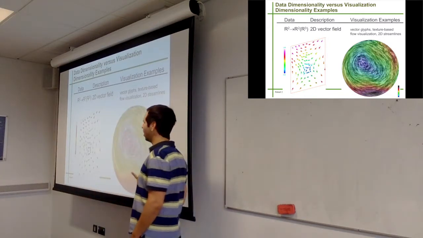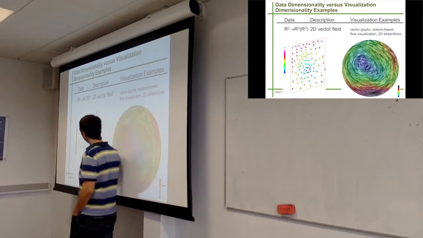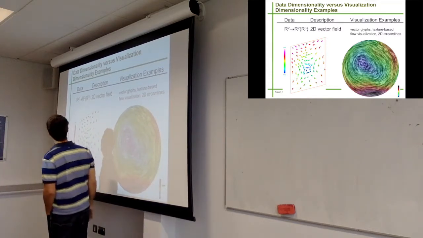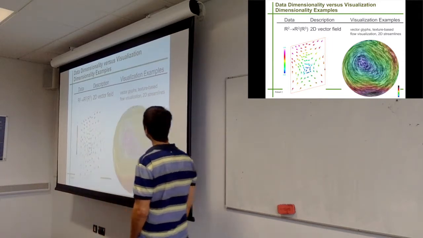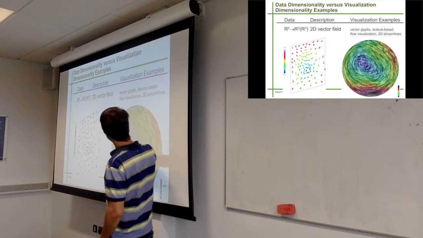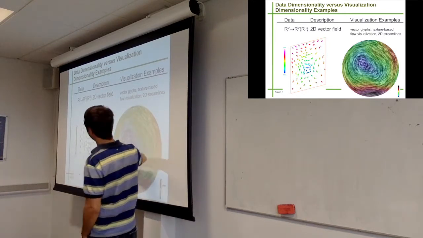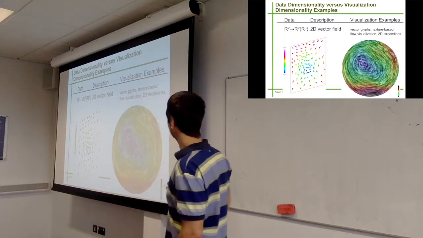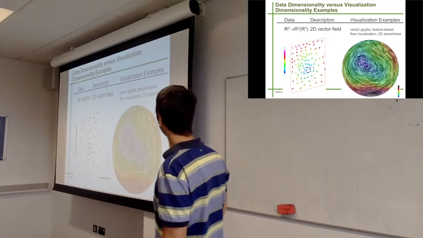And those x and y components can be mapped to these two-dimensional glyphs, right, along an x-axis and a y-axis. The same can be said about texture-based methods. So those are glyphs. This is a texture-based flow visualization method, which we'll talk about later on in the module.